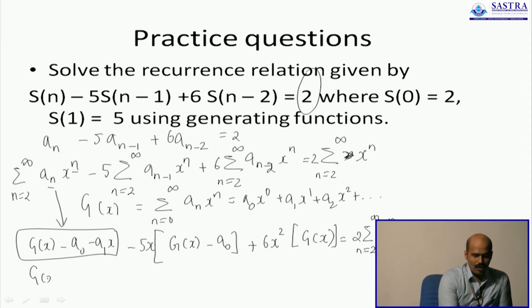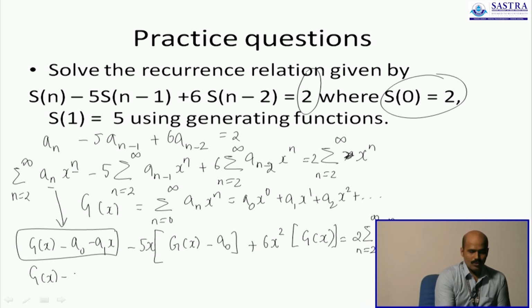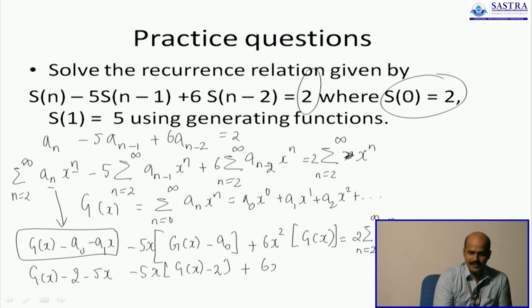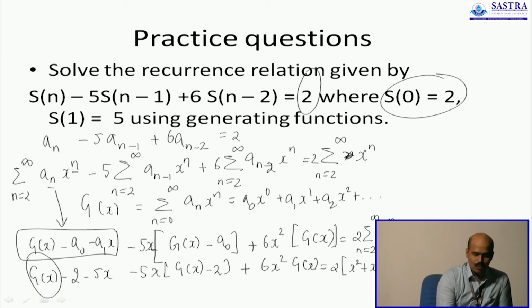So a naught is the first term of the sequence given to be 2, so that is g of x minus 2 minus 5x times g of x minus 2 plus 6x squared g of x, giving us 2 times the summation here, x squared plus x cube, etc. We will have to think about that, we will do it on the next slide. So the like terms can be grouped, we will group that next.